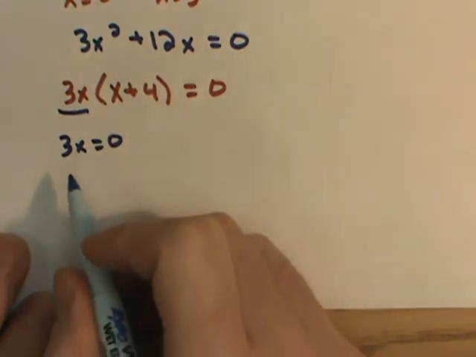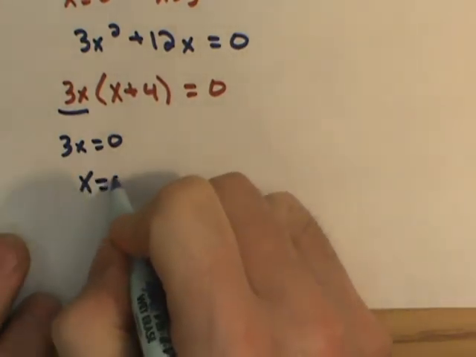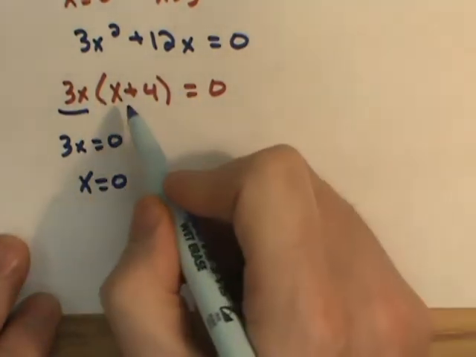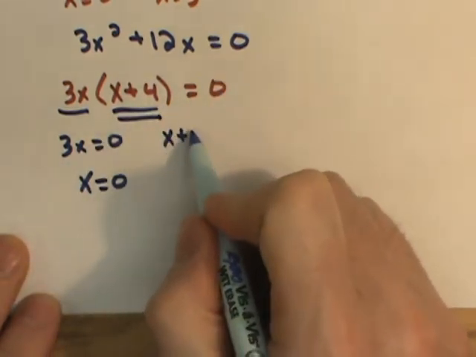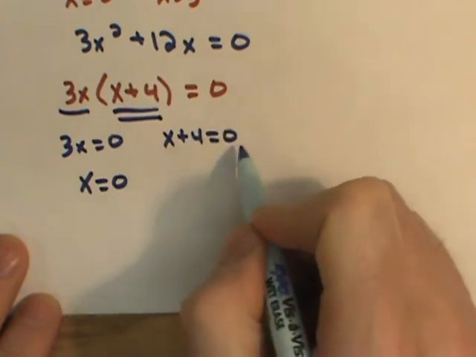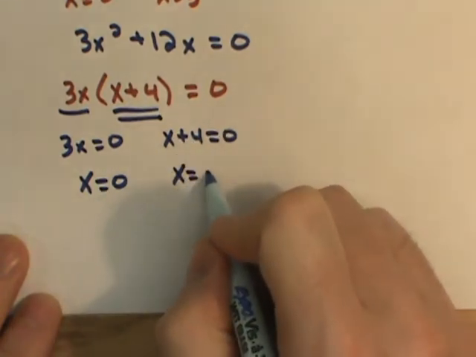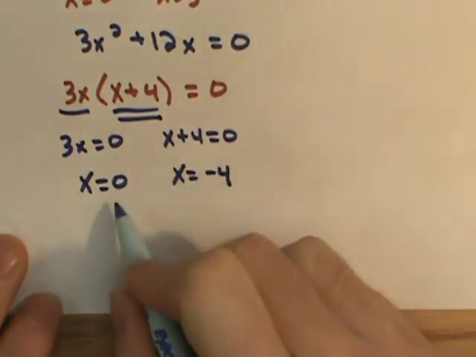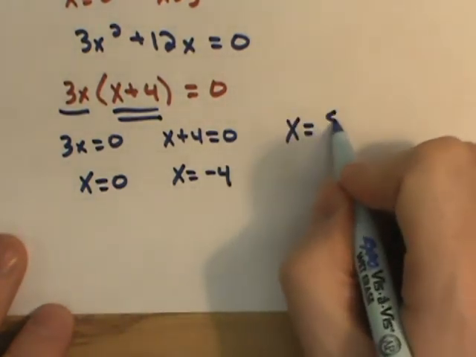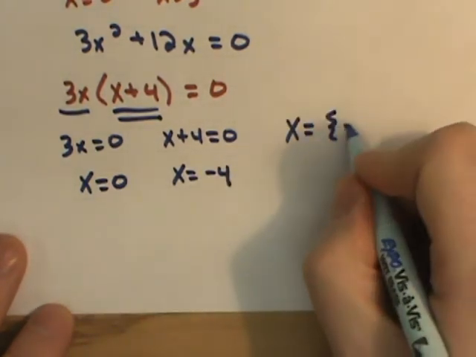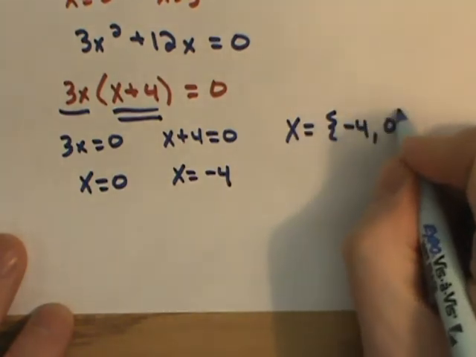That means I could divide both sides by 3. X would be 0. And then in my case 2, I could say, well, x plus 4 equals 0. I move that 4 over. X would be negative 4. And once again, once you have these answers, you write a finite set and you list them out. So you say negative 4, 0.